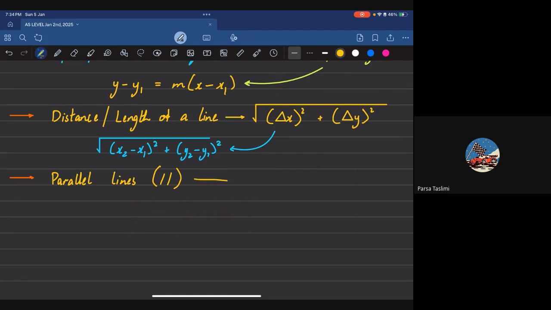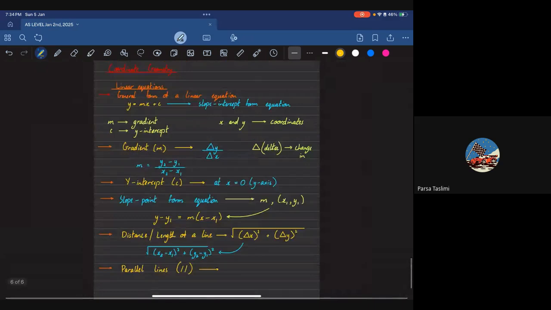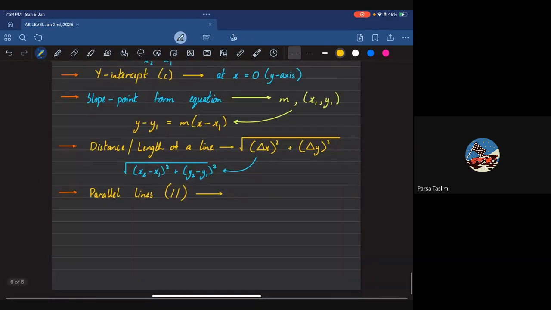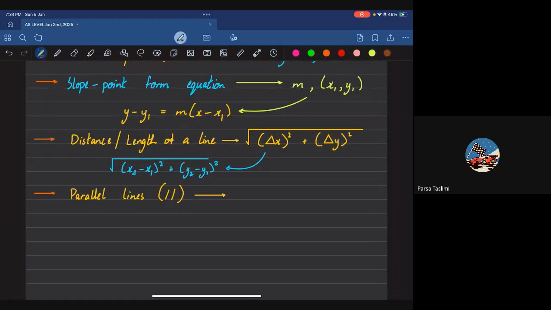What is the property for parallel lines? They have the same slope, or the same gradient. So for two lines which are parallel, M1 is equal to M2, equal slope. And that is common sense as well.